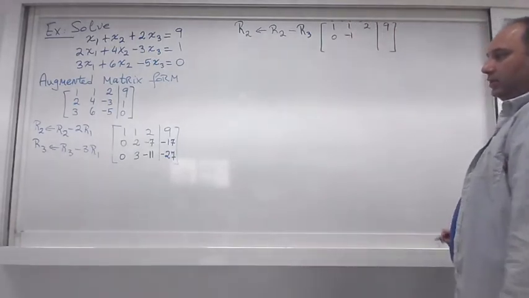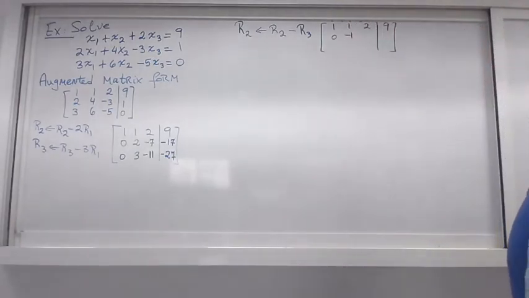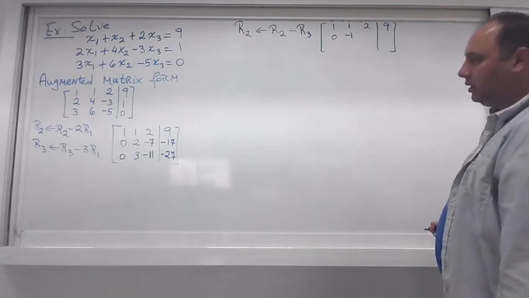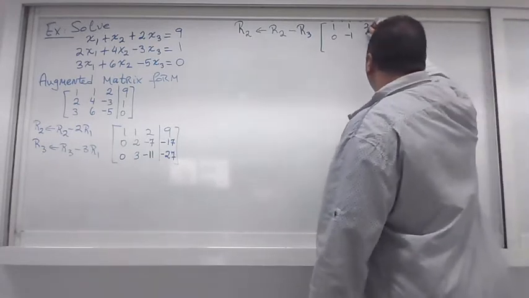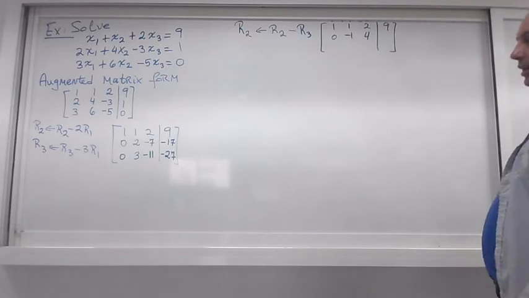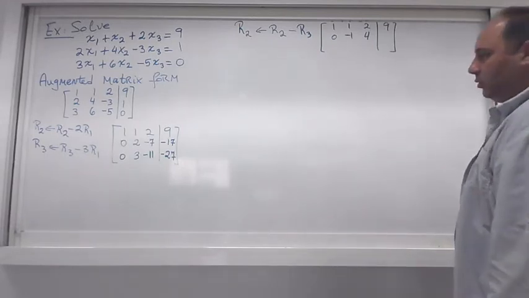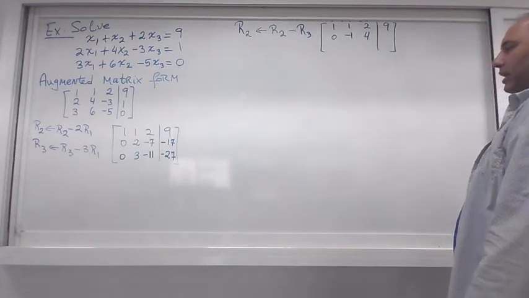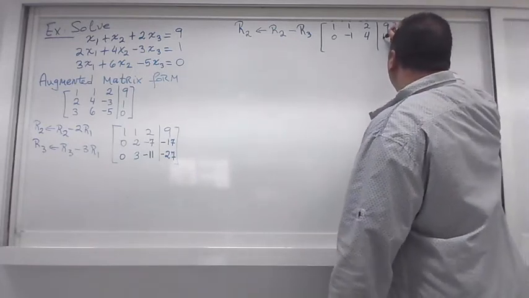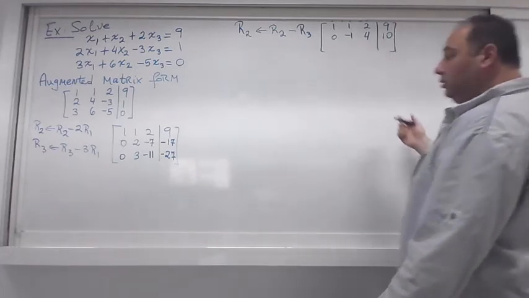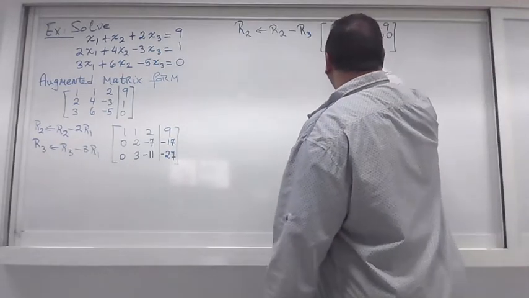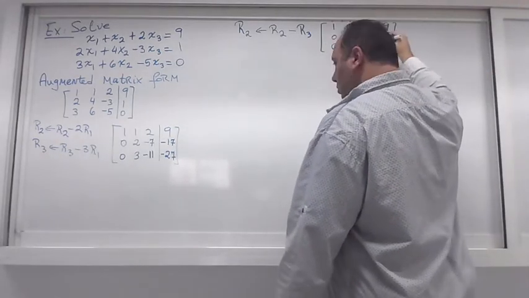Negative 7 minus 11, so that's negative 7 plus 11, so that's 4. And then I have negative 17 minus 27, so negative 17 plus 27, so that's 10. That's cute, still good. So the last row, I don't touch it.